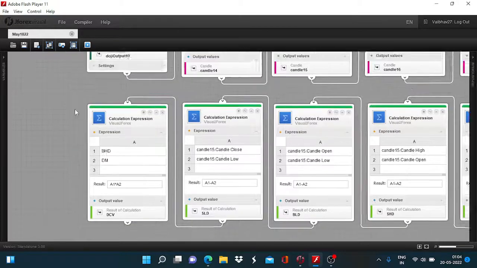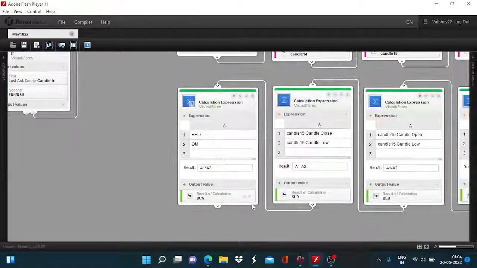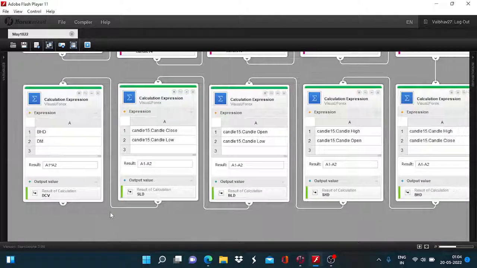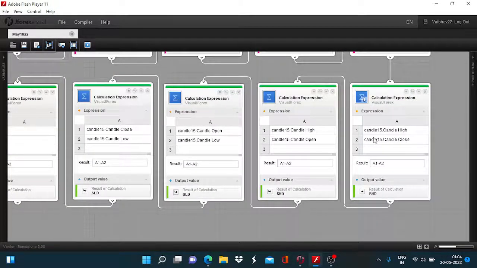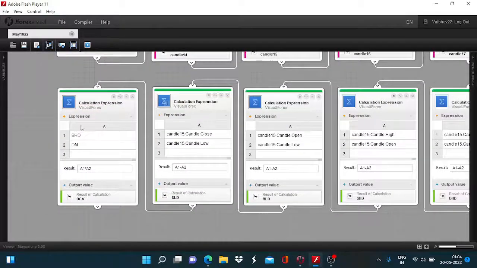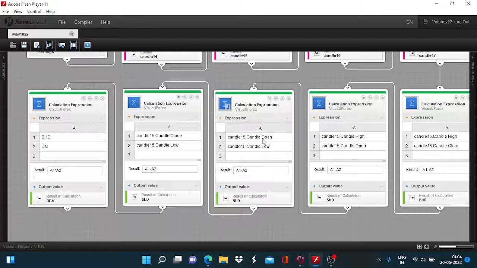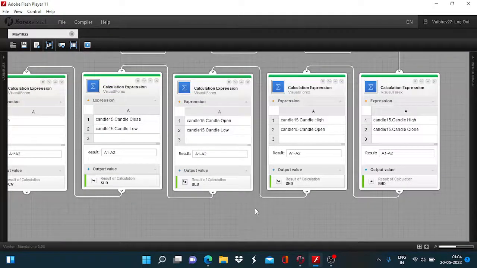This one is simply a newly defined variable where we take the difference between the last hour's candle high and the candle closing price, and then multiply it by 4, which we will then compare with the last hour's opening price and the candle low to define the condition.